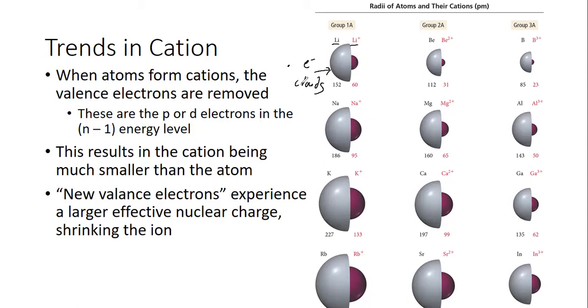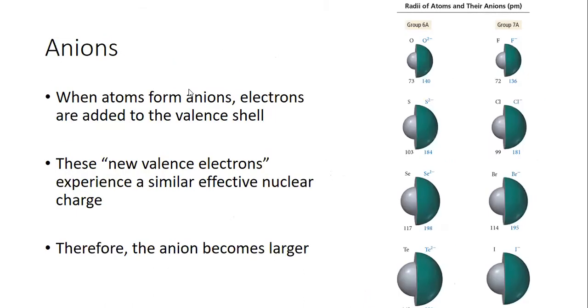So cations, we shrink. The bigger the charge, the more we shrink by. So a +2 ion shrinks more than a +1 ion. A +3 ion shrinks more than a +2 ion. So that's cation trends.